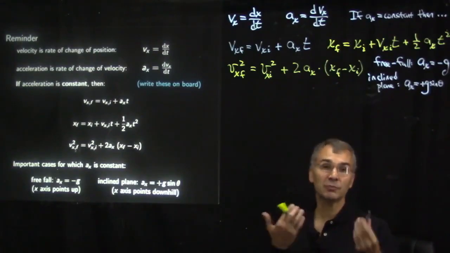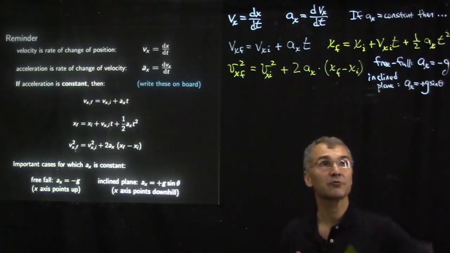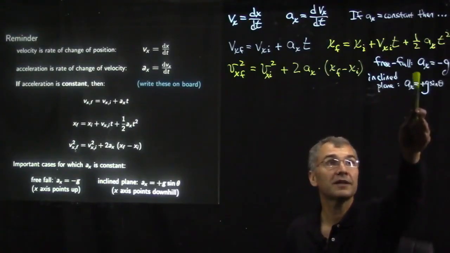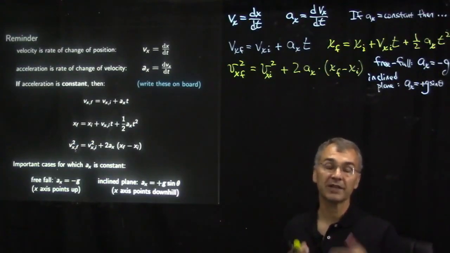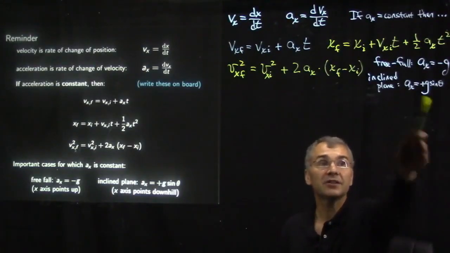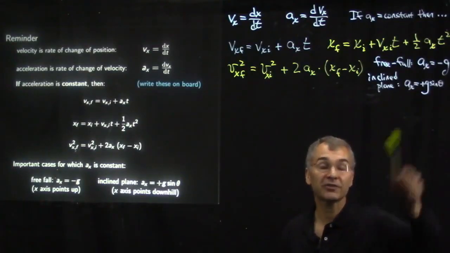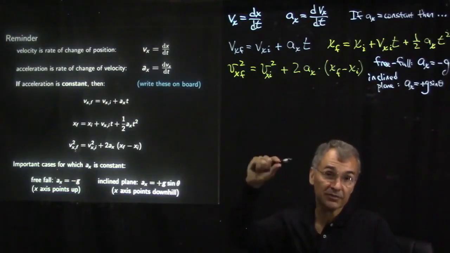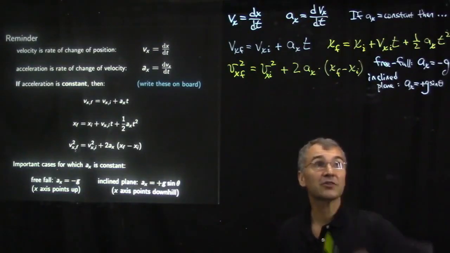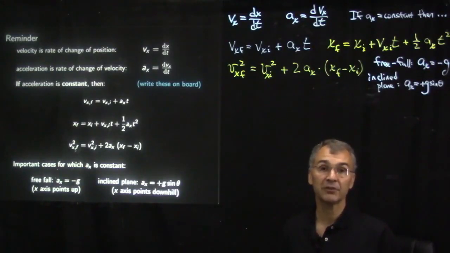Okay, and the two important cases so far for which a sub x is a constant, so where we have constant acceleration in the x direction: we have free fall near Earth's surface where a sub x is minus g. So the x-axis points upward and the acceleration is g straight downward. And the other is an inclined plane where the x-axis points downhill and a sub x is downhill and it's smaller than g because it's just a downhill part. So a sub x is g sine theta with a plus sign. Okay, so we're going to work some examples where we make use of these results.